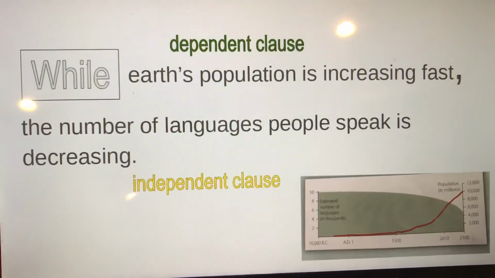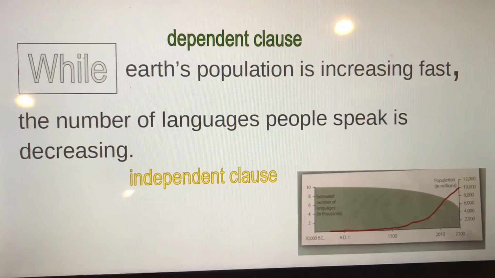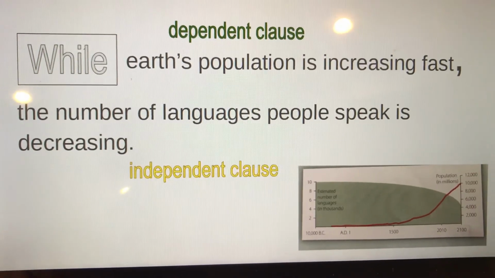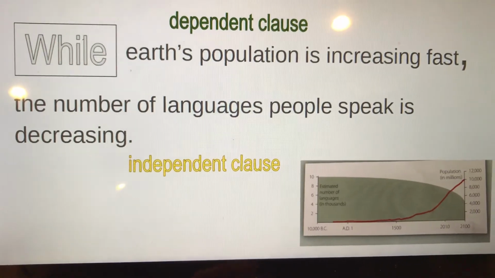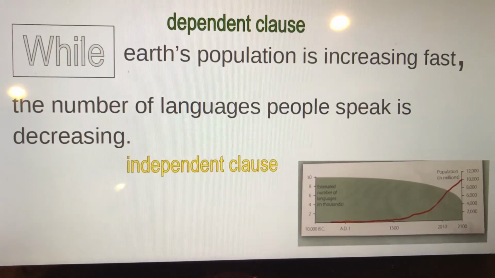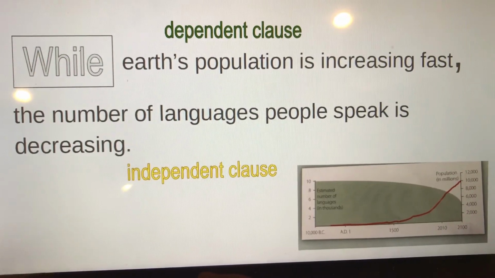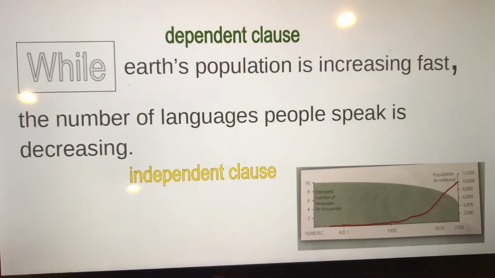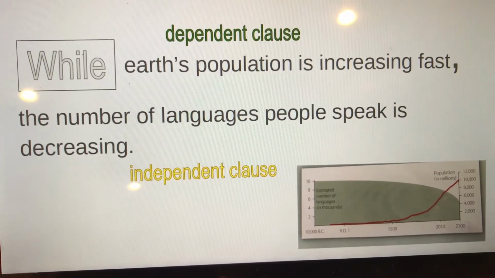Let's take a look. How about the word while? While is one of the special words we can use to join two sentences into one sentence. So the two sentences become clauses inside a bigger sentence. So now I have, while Earth's population is increasing fast, comma, the number of languages people speak is decreasing.